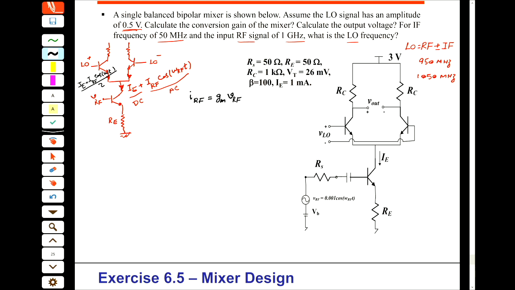And also we know that the I out, which is this one, is also equal to GM VLO. Okay, so this is the big GM of this transistor, if we call that I out.